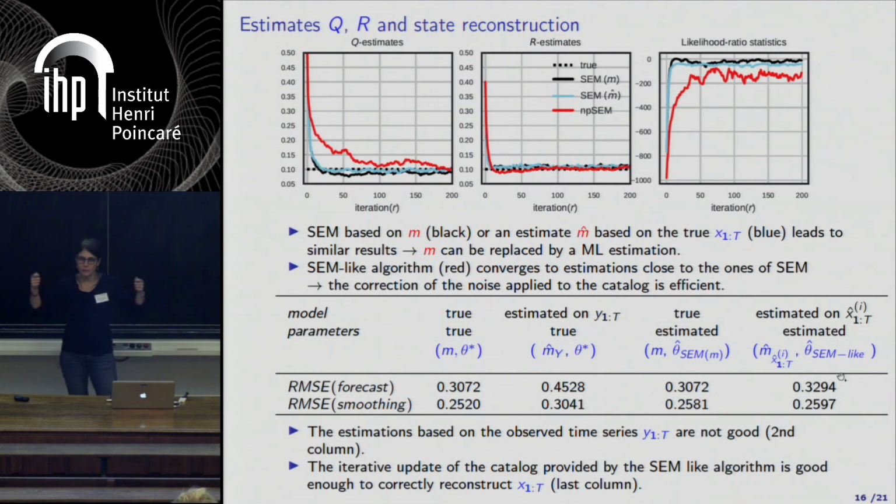So you start with only the observations, which are noisy, and from that you estimate the model, Q and R. And you can see that we are not far away from the truth, and we improve the results a lot compared to a scheme where we would just use a noisy observation.